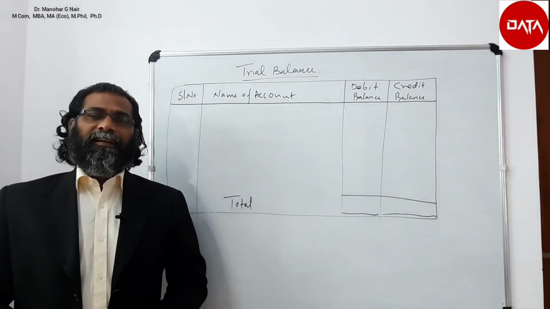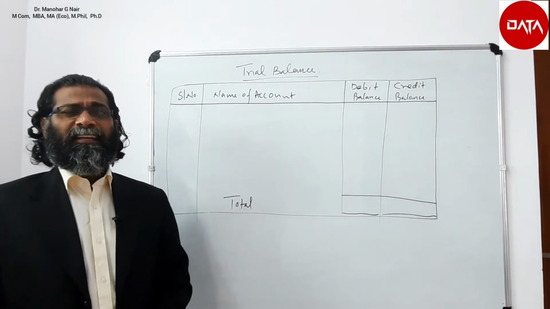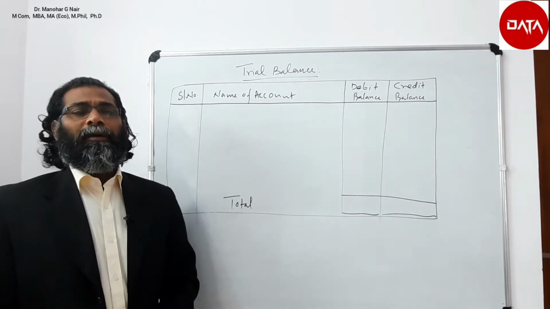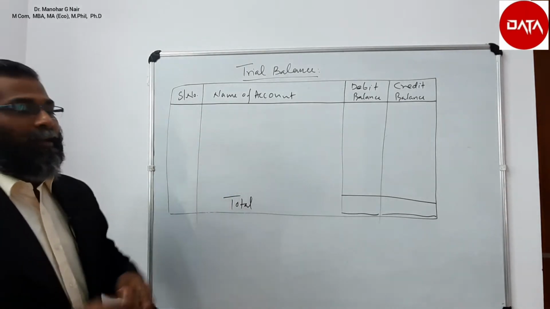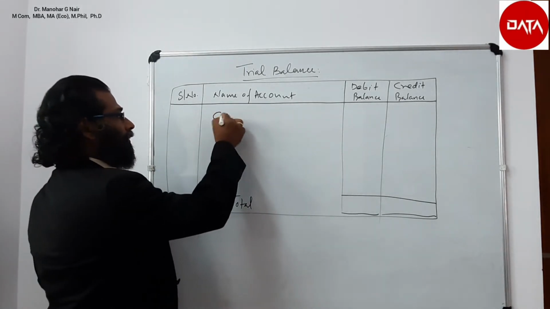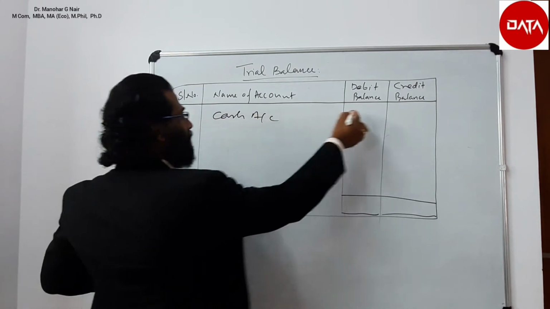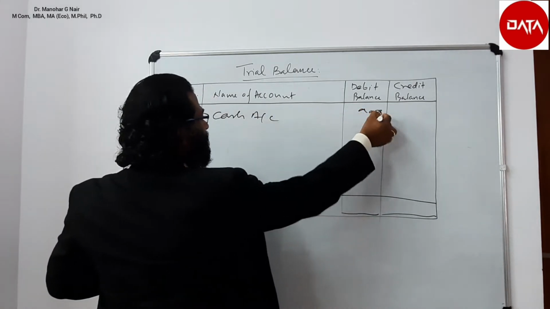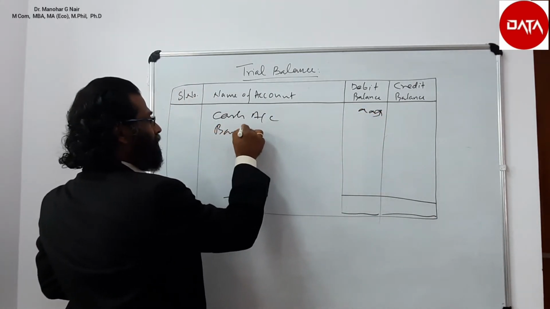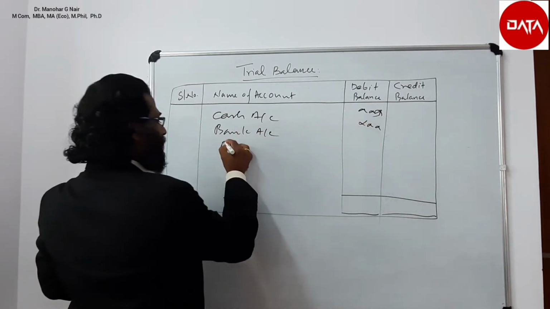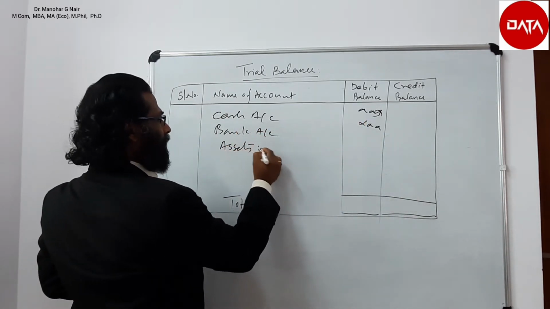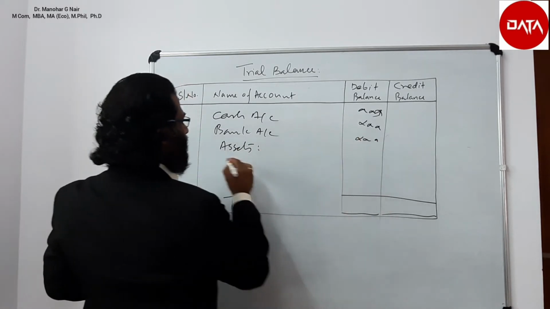So let us take certain examples, certain items which would normally appear in the trial balance. Cash account normally shows a debit balance. Similarly, bank account, debit balance. All assets accounts, debit balance.